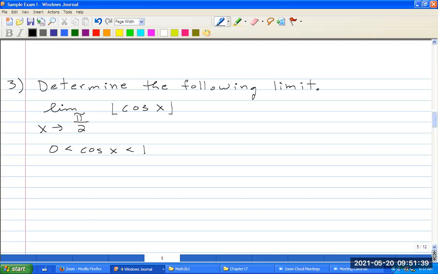if x is in the first quadrant. And so if x is in the first quadrant, cosine is between 0 and 1. It's 1 at 0, and it's 0 at pi over 2.